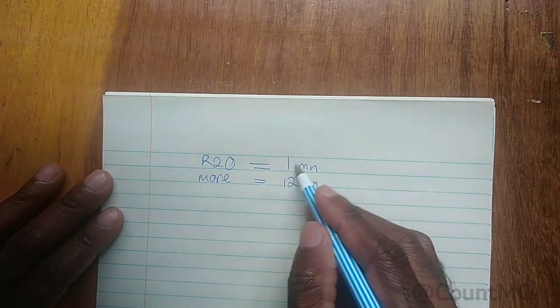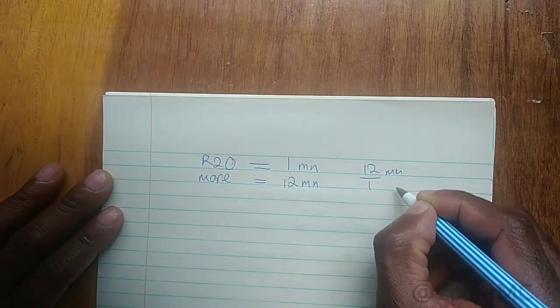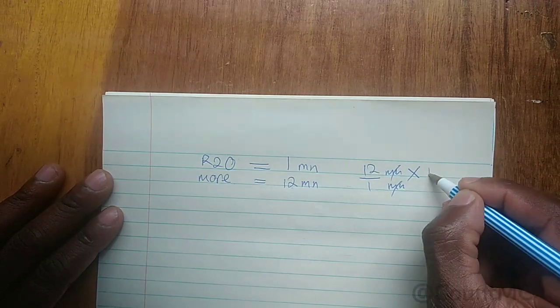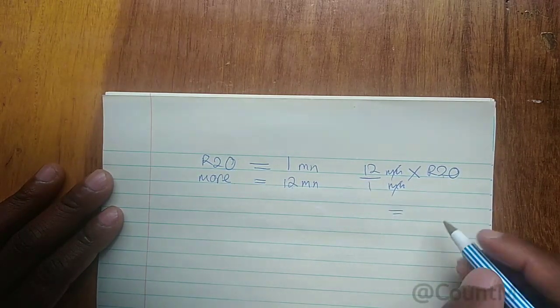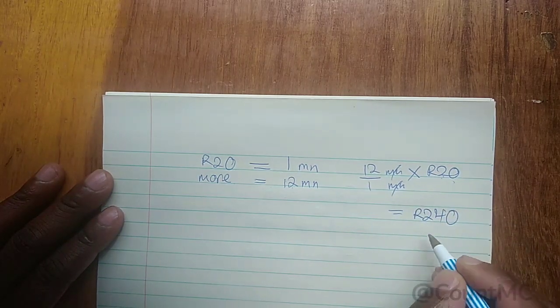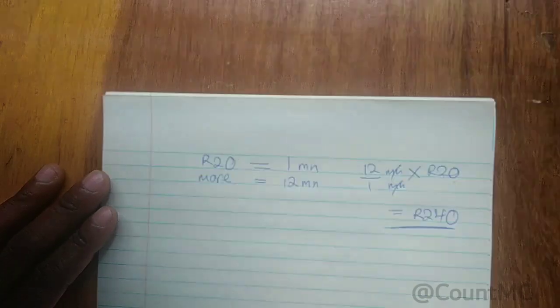So for the 12 months, you create a fraction here, 12 divided by 1. Month and month will cancel, times 20 Rand. 12 times 20, 240 Rands. So for every client that pays for a year, Temba will get 240 Rands.